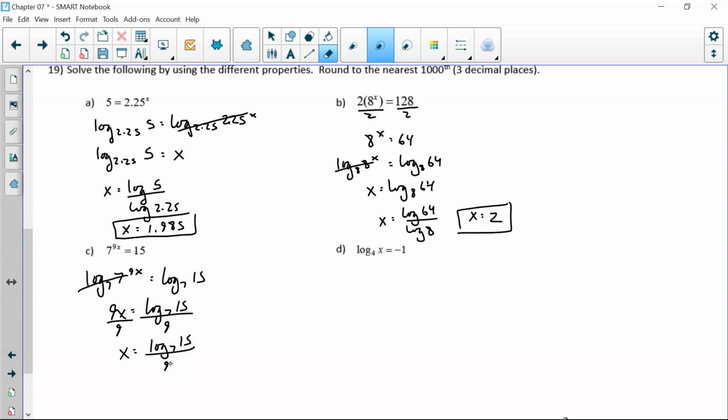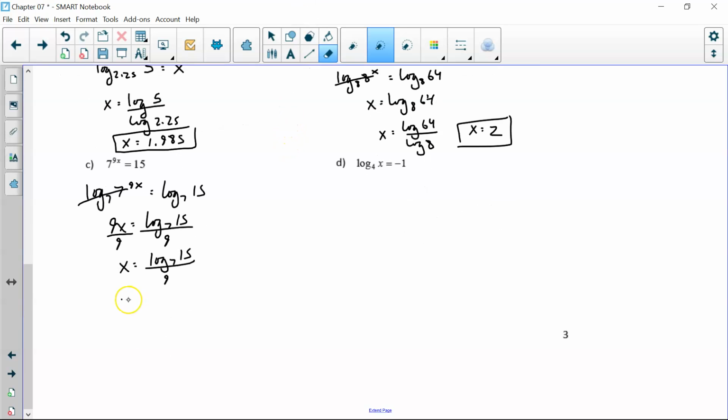That's the exact answer. Now, a little bit trickier to find this on the calculator. What you would do, you would take the log of 15 divided by the log of 7, hit enter, and then divide that whole thing by 9, and you're going to get an answer of about 0.155.